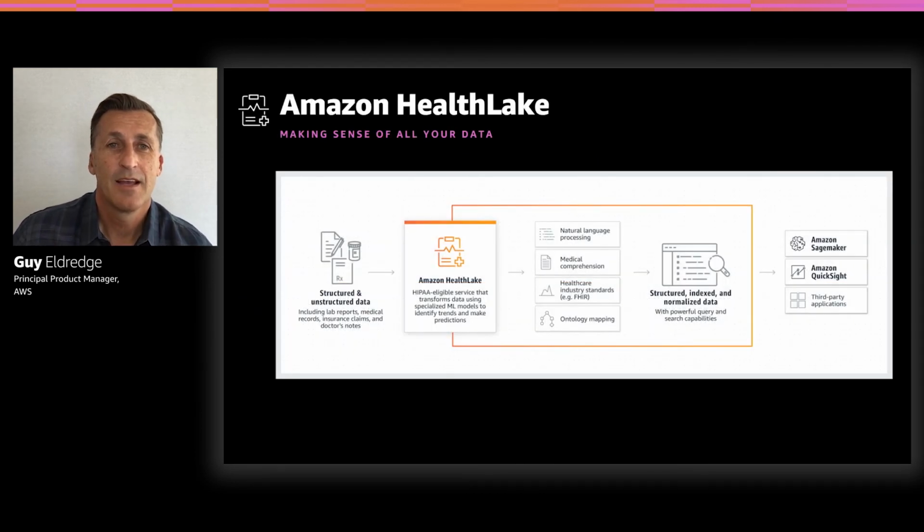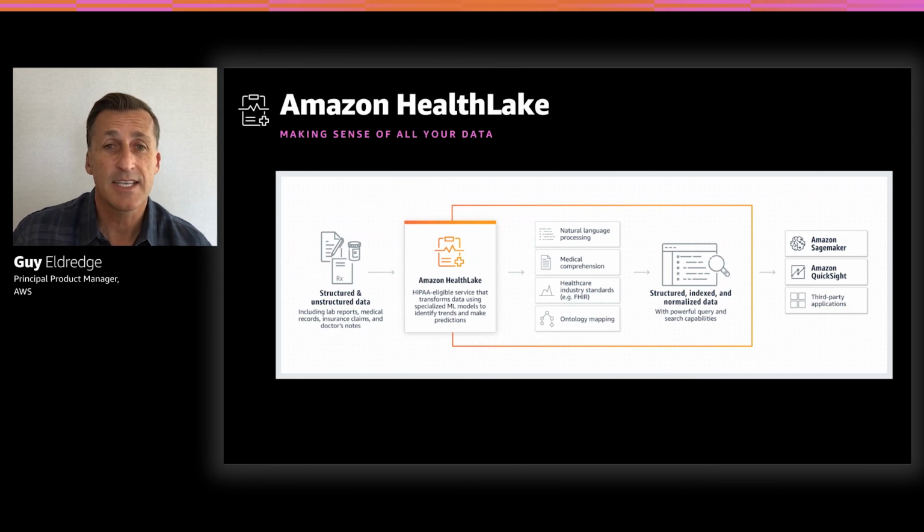In summary, our customers are telling us they want to take advantage of all the data they have, and they want to use machine learning to help achieve that goal. With Amazon HealthLake, you can easily import all of your health data, including all of your clinical notes and lab results. It structures all of your data in the FHIR industry standard, supporting the exchange of information across multiple applications and organizations.